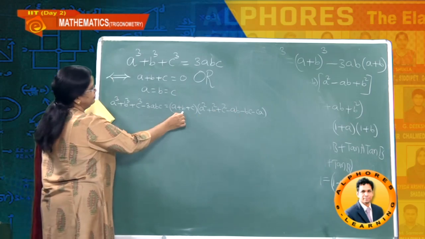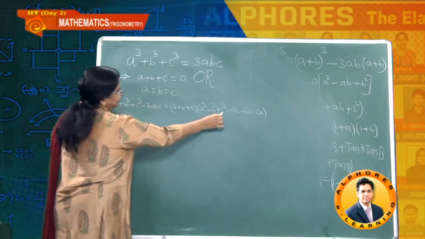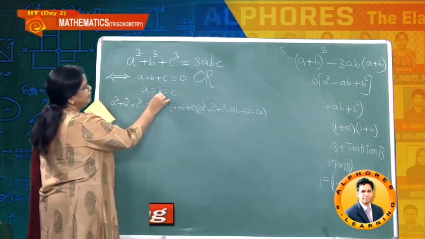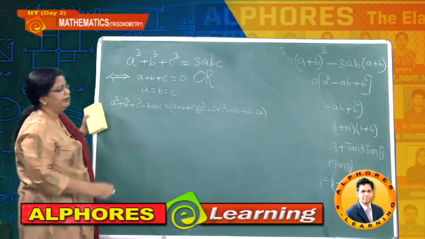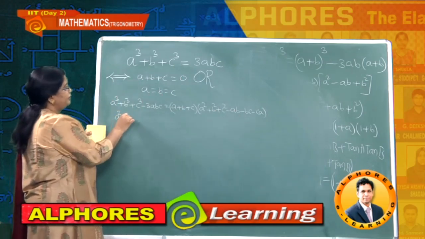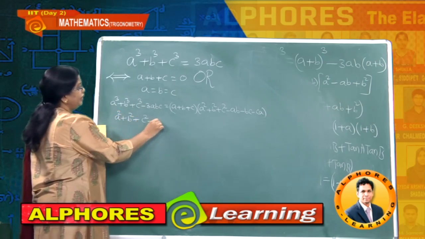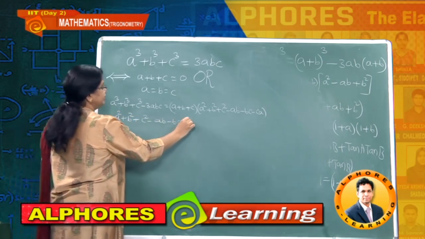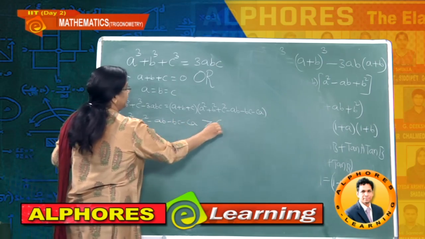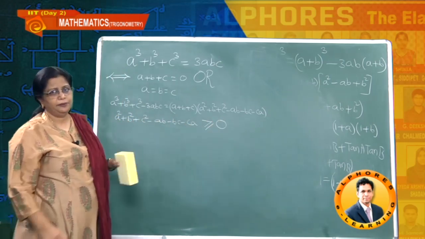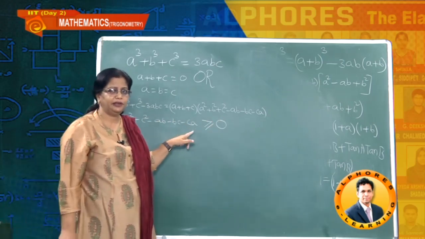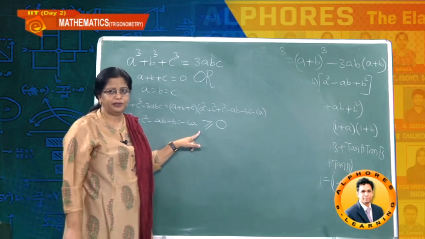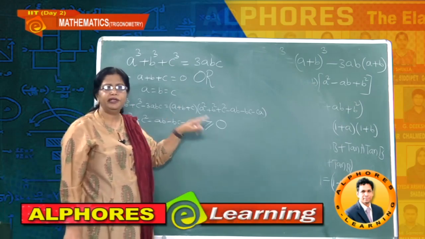That implies a plus b plus c is 0, and this value is 0 only when the three terms are equal. That means a square plus b square plus c square minus ab minus bc minus ca is always greater than or equal to 0. Always, what is the meaning? Not yesterday, today, tomorrow. Always means for every real number.